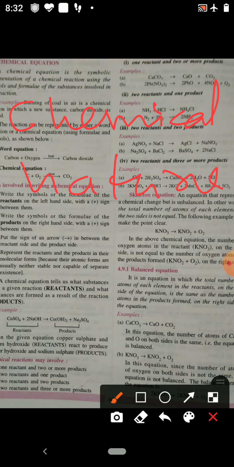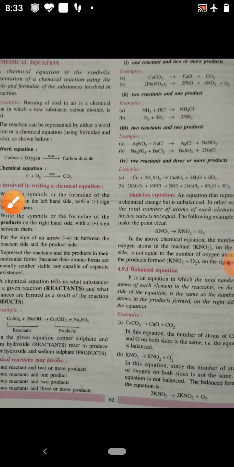Second information that a chemical equation provides is the direction of reaction. Third information is the state of matter in which the substance is present, means reactants and products, whether they are in the solid state, liquid state or gaseous state.